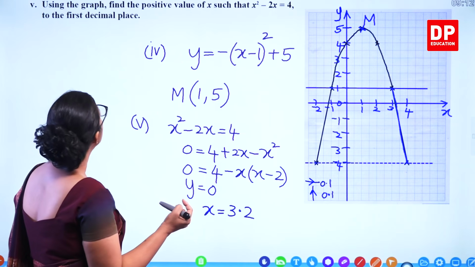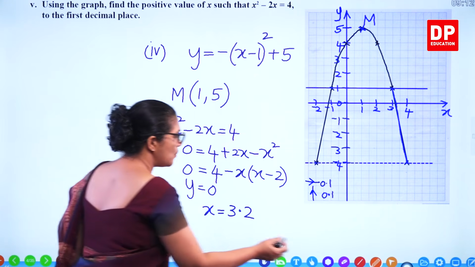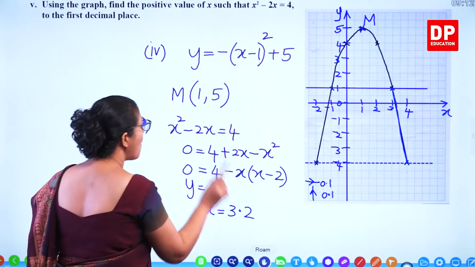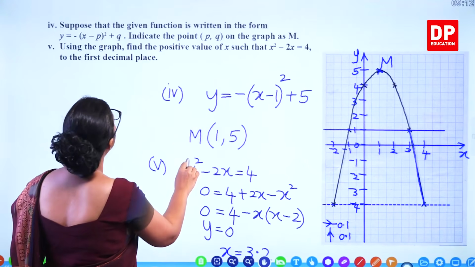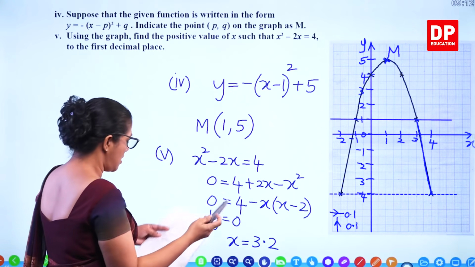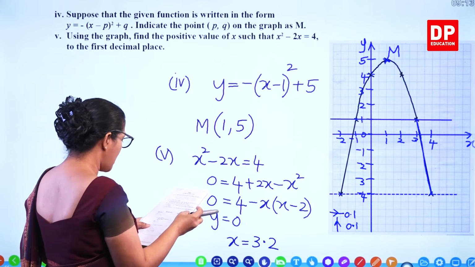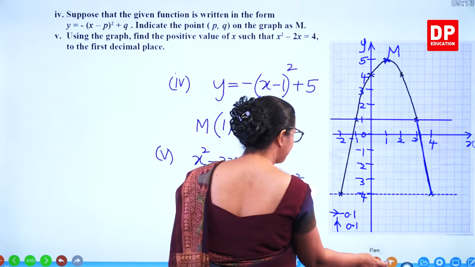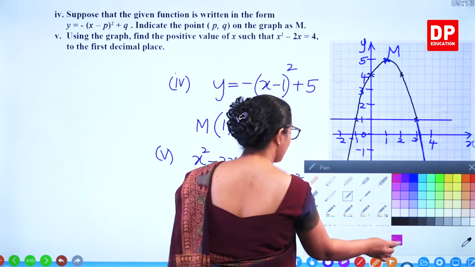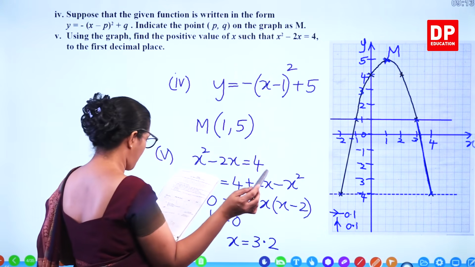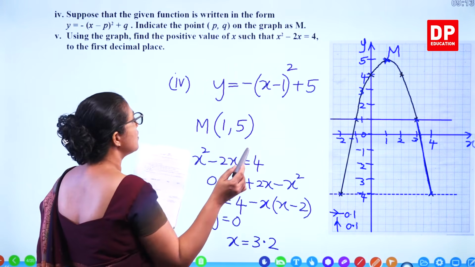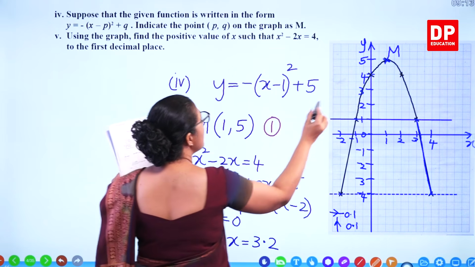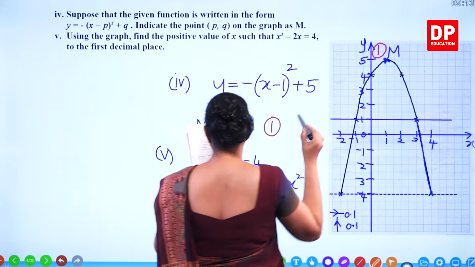So that's all for this question, and we'll see how many marks. So you get 1,5 and marking the M point, two marks. So marking M point and this 1,5, 1 and 1, 2 marks.